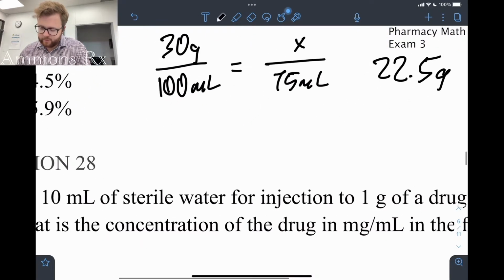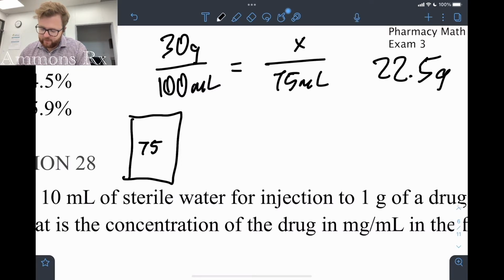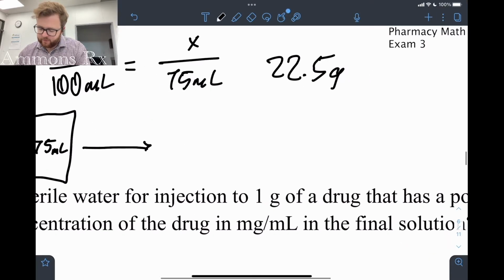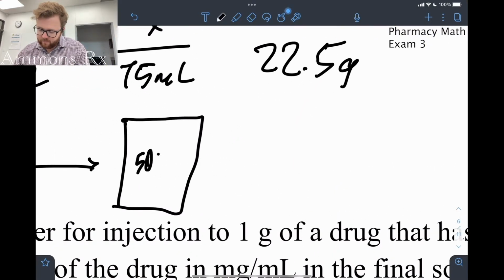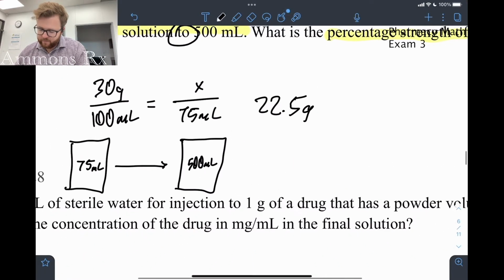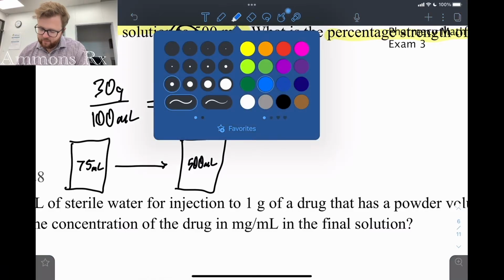So I'm going to draw my pictures. You started with 75, and you're going to go to 500. Okay, I'm going to color them in.